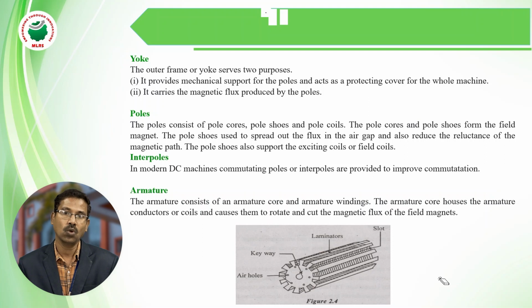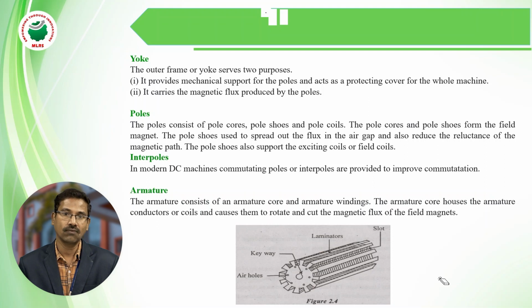The next one is the pole or pole shoes. The pole consists of the pole core and pole shoes. The pole core is attached to the yoke, and it is provided with field winding. When this field winding is excited with DC excitation, and a field current passes through it, we get the magnetic flux.